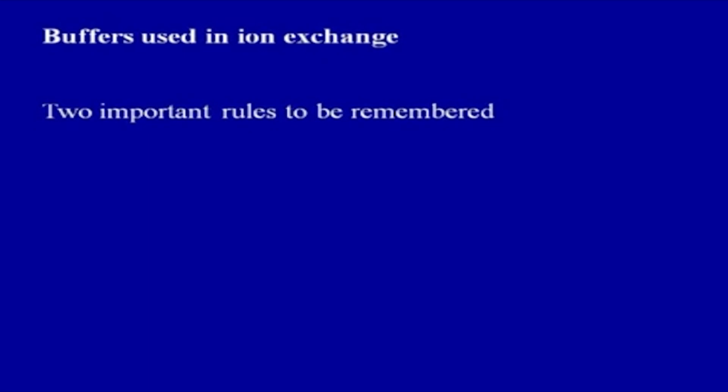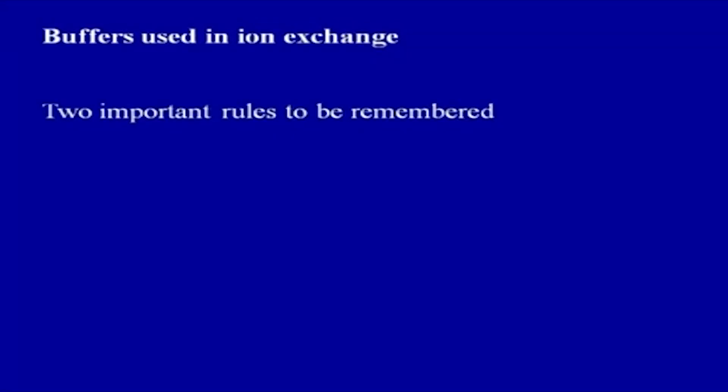Now, buffers used in ion exchange chromatography, again you have to be careful here for successful ion exchange chromatography. In ion exchange chromatography, buffers are chosen in order to minimize pH fluctuations and maximize the adsorbent capacity. Now, two important rules have to be taken care of. One is that the charged form of the buffer should not interfere with the ion exchange process, and we will discuss that.